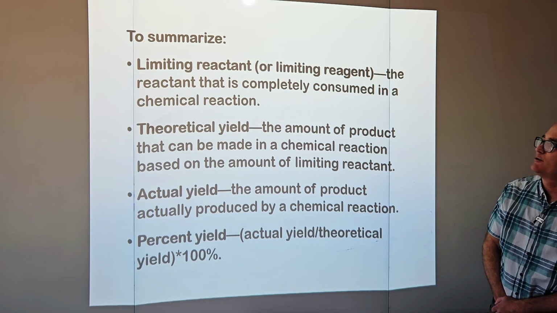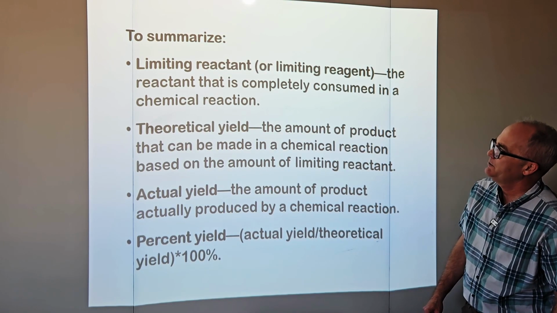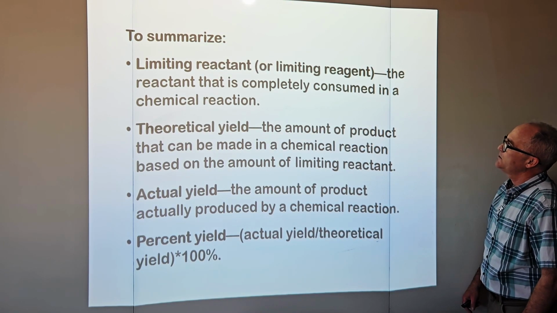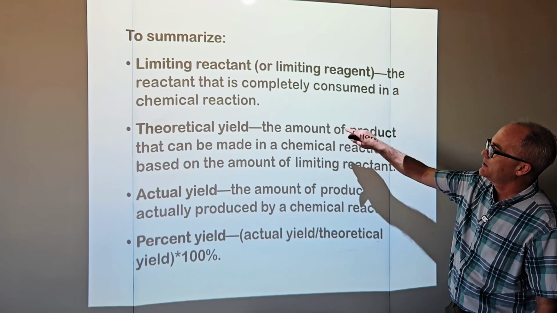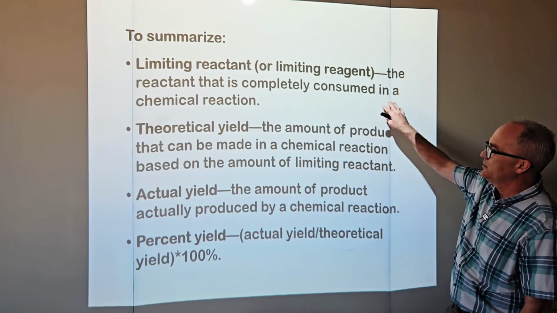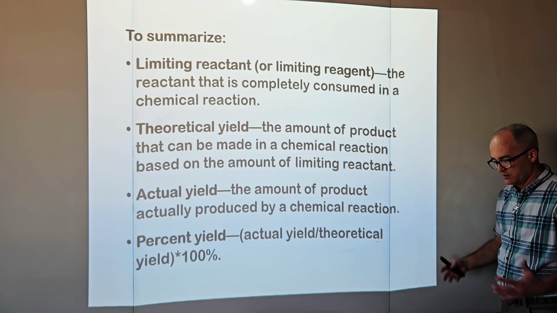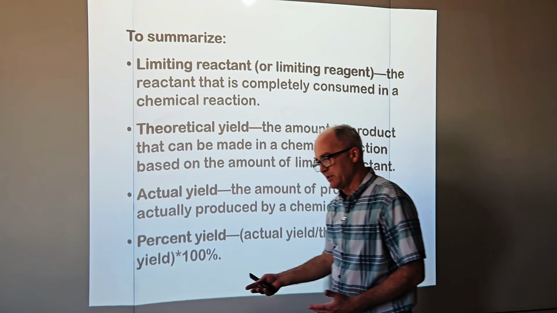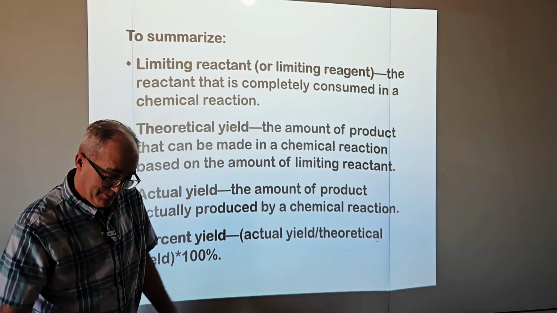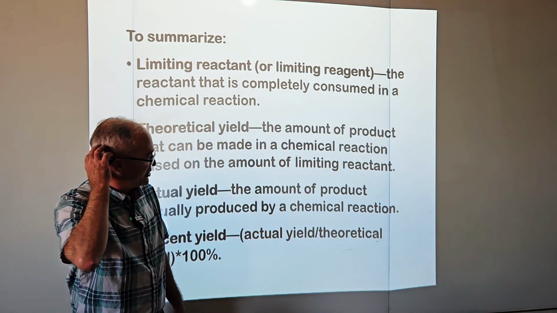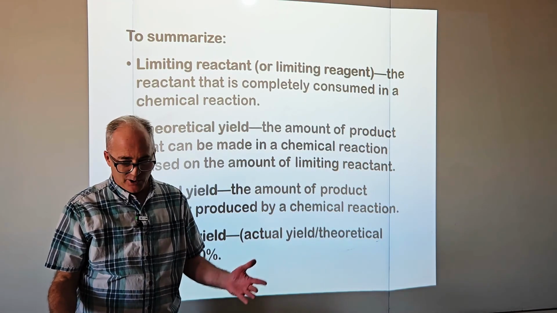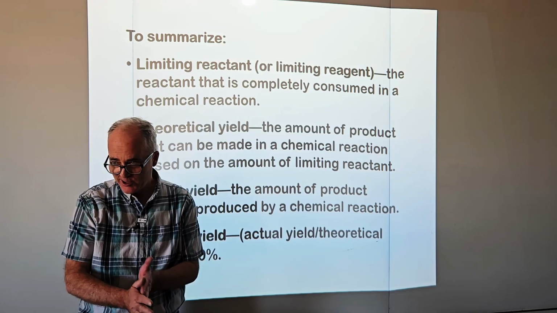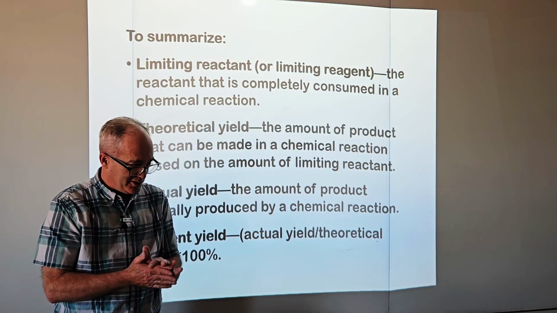This is perfect. To summarize, the limiting reactant or limiting reagent is the reactant that is completely consumed in a chemical reaction. It gets all used up and something is left over. So we'll be talking about a word called stoichiometry. That's what this whole business is, with coefficients in front of the balanced chemical equations.